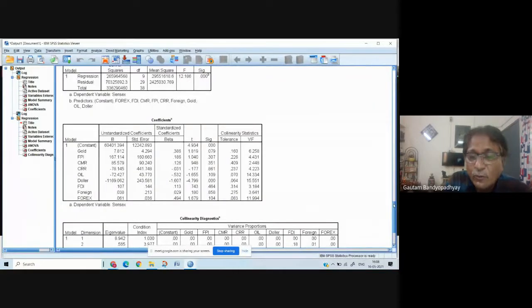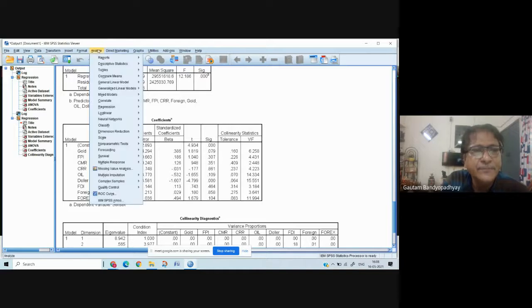So then what we'll do? In the case of factor analysis, I already told you, factor analysis means unsupervised. So initially we could not consider Sensex because Sensex is the dependent variable. So we go to Analyze, and go to Dimension Reduction.